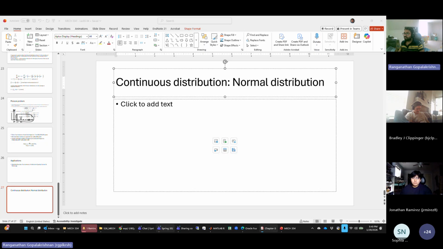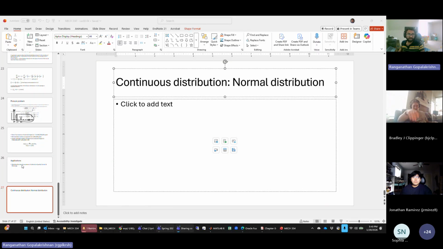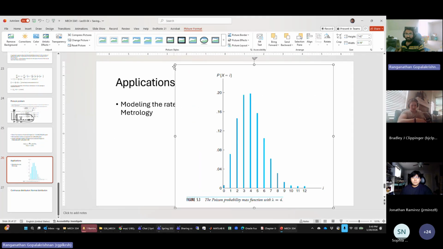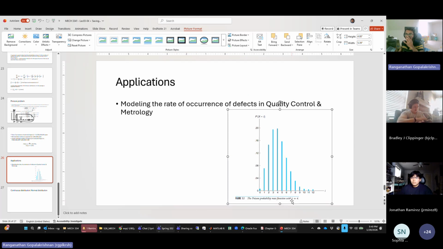So this is figure 5.3 from the book on page 149. I'm pasting this not because I'm very interested in this particular value of lambda equals 4, but what you should see is that if you have a lambda parameter of 4 or 5 or 10 or whatever number, that is approximately the center of the distribution.